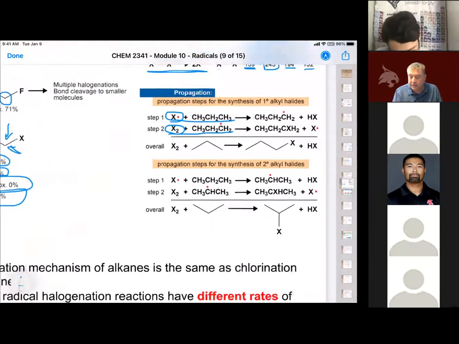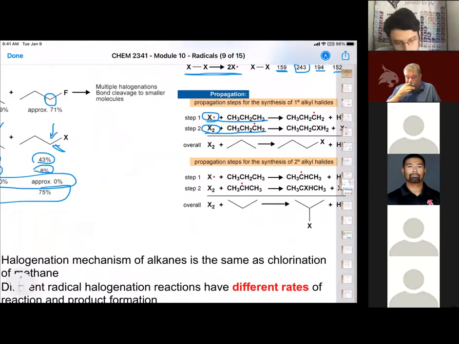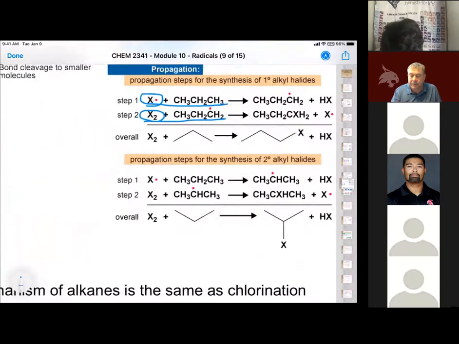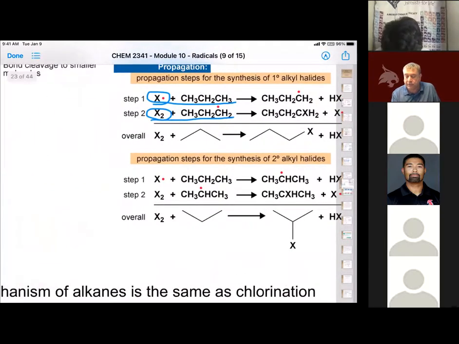I think it has something to do with the propagation step here. If you look at your different ways of propagating, if you do your hydrogen abstraction on your secondary hydrogen here, you're going to get your secondary radical, and then that's going to react with your halogen. So the overall reaction is going to give us that there.